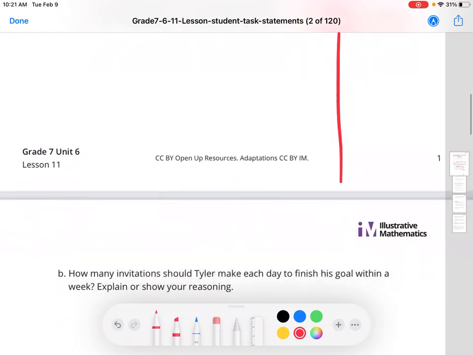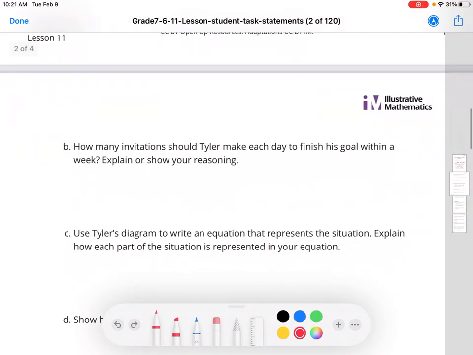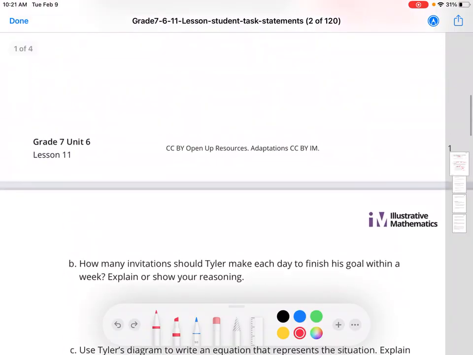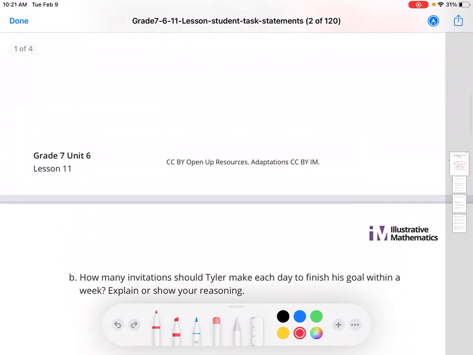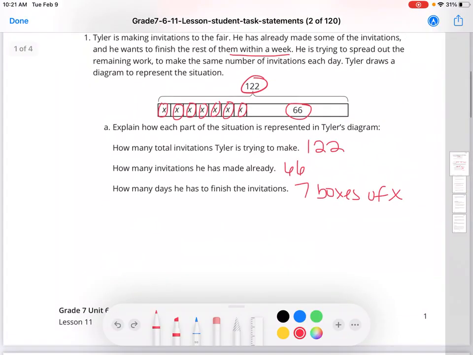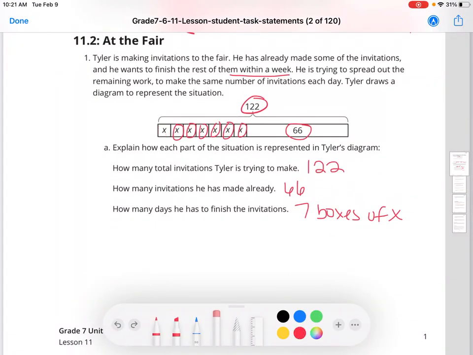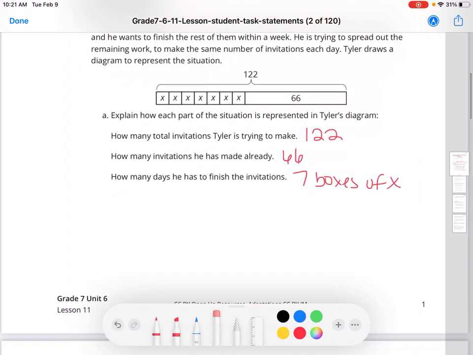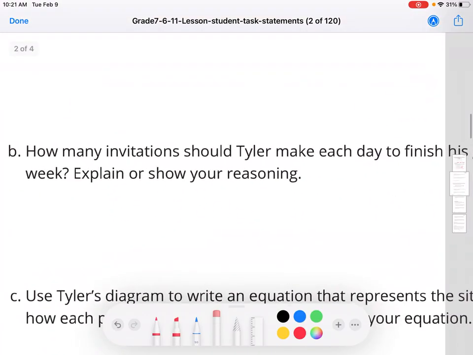So on B, it says how many invitations should Tyler make each day to finish his goal within a week? So looking back at our diagram, it wants to know how many invitations Tyler needs to make each day. So I know he needs to make 122. He's already made 66. So first I need to know how many he needs to make in those 7 days.